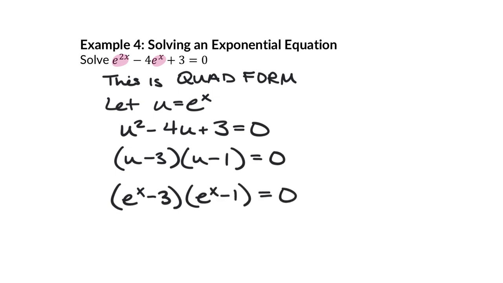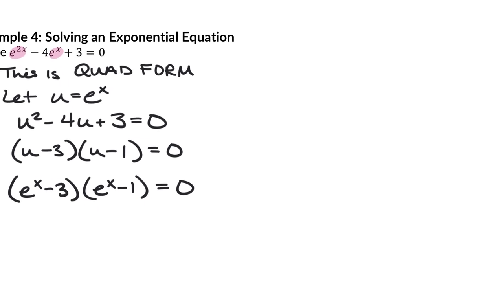Based on the zero product property, I can set either or both of those factors equal to 0 and solve. So I have the first factor, e to the x minus 3 equal to 0, and the second factor, e to the x minus 1 equal to 0. Using the steps we just learned for simpler looking exponential equations, we're going to add 3 to both sides.